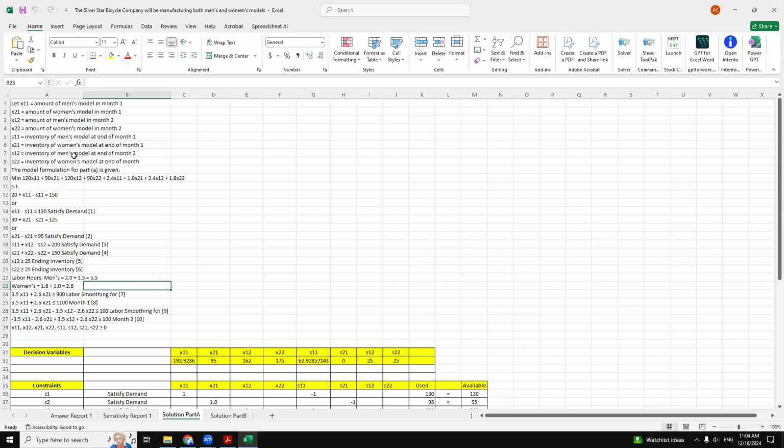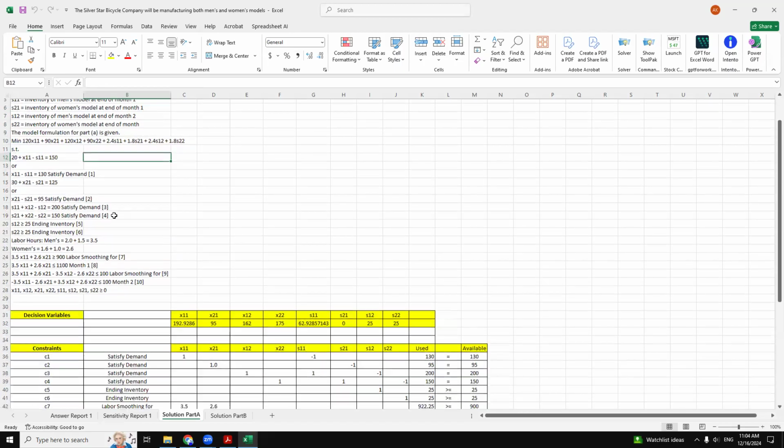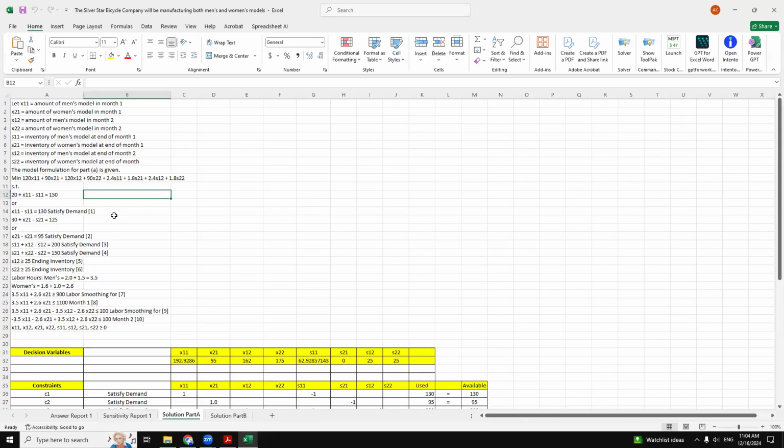I have used all these variables as the formulation part, where this model has the minimum cost objective.